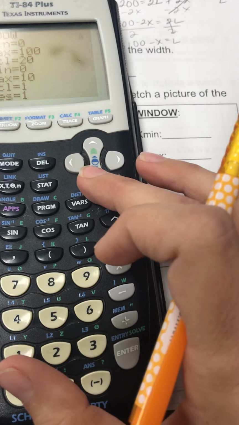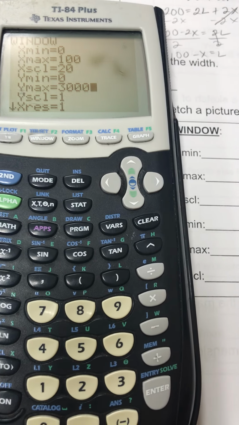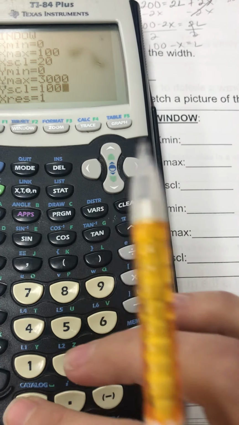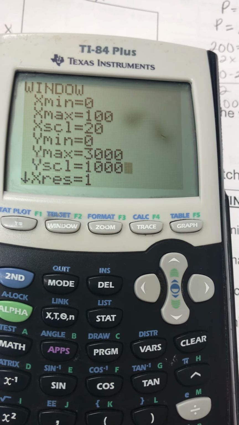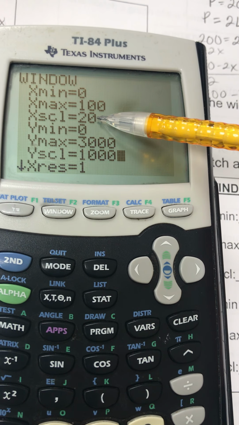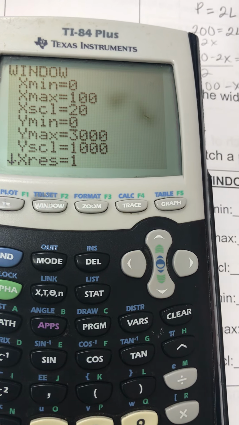My y min is going to be 0. My y max is going to be 3,000. And my y scale is going to be 1,000. So your x is going from 0 to 100, and your scale is going to be by 20s. Your y is going from 0 to 3,000, and your scale is going to be by thousands.